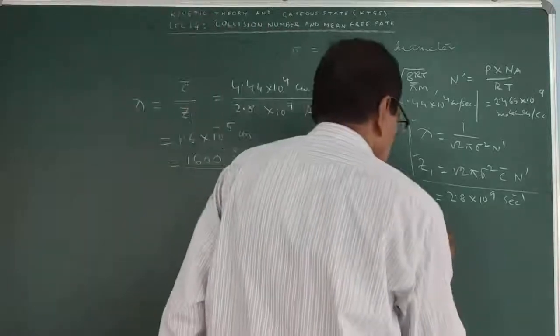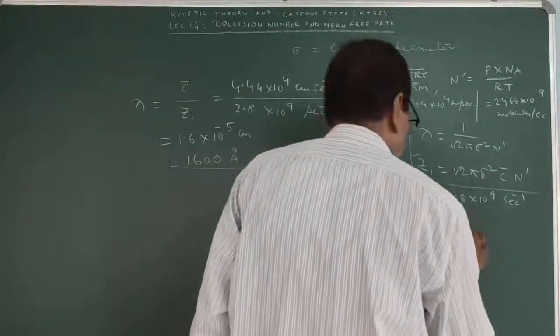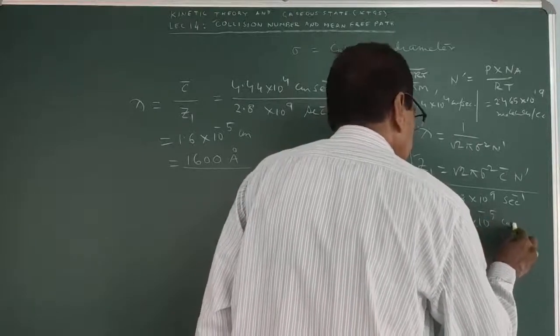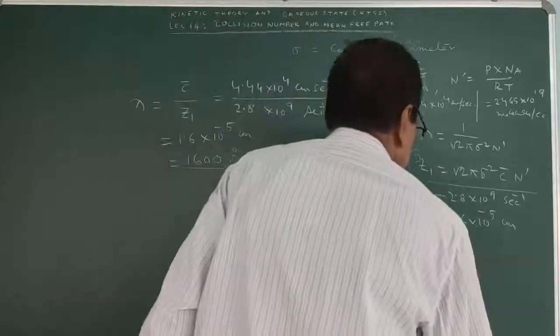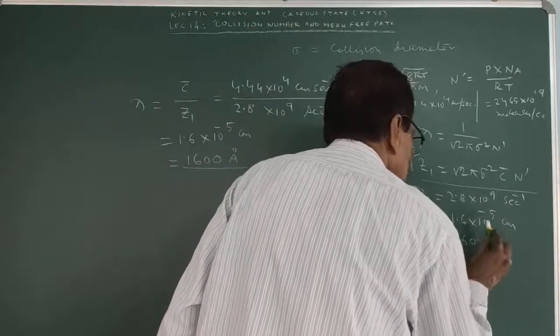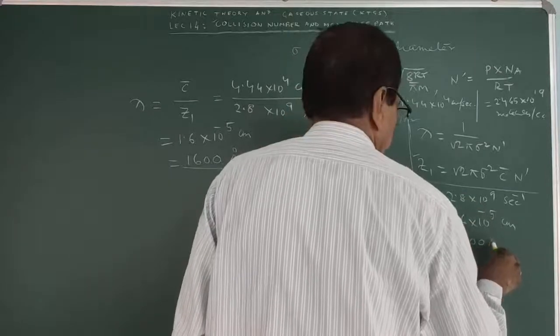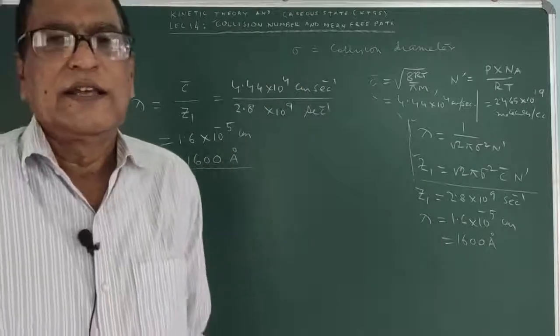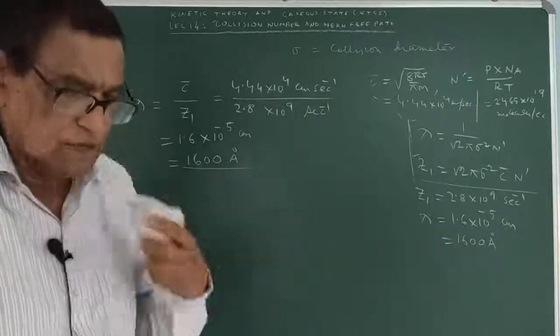So lambda is equal to 1.6 into 10 to the power minus 5 centimeter, or 1600 angstrom. 10 to the power minus 8 centimeter equals 1 angstrom.